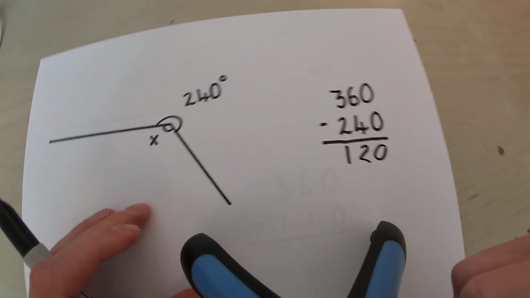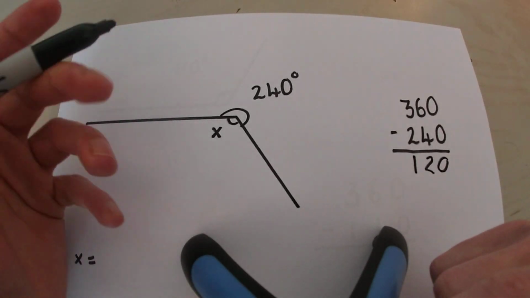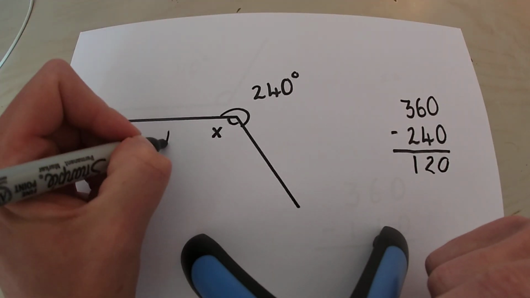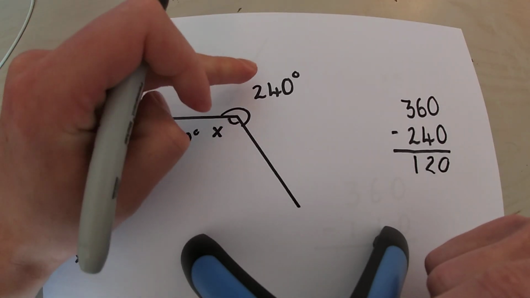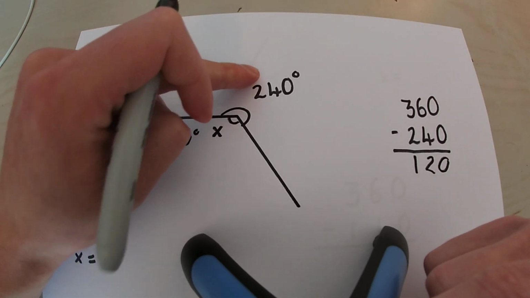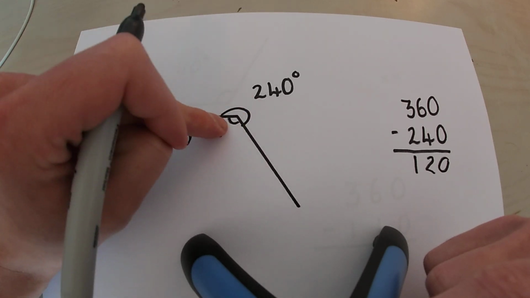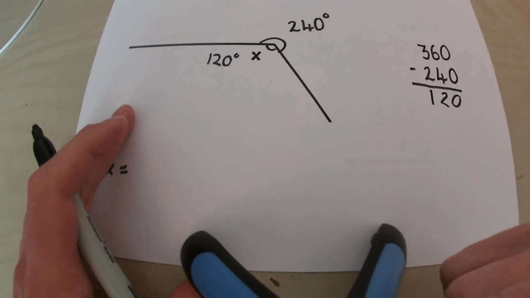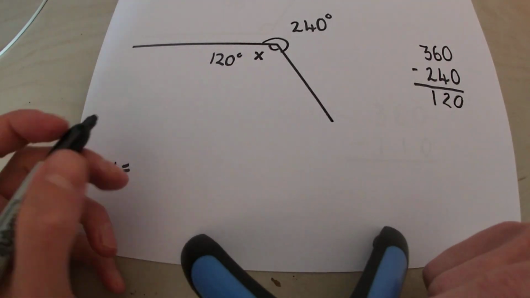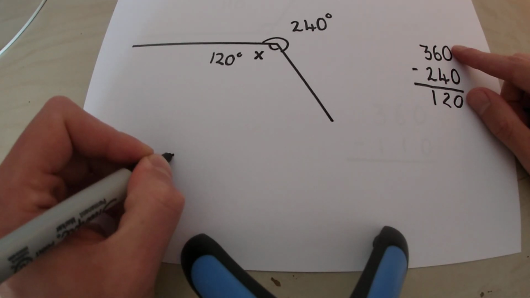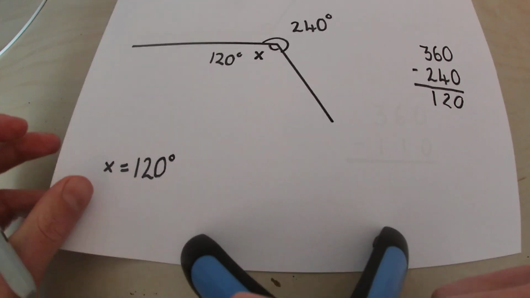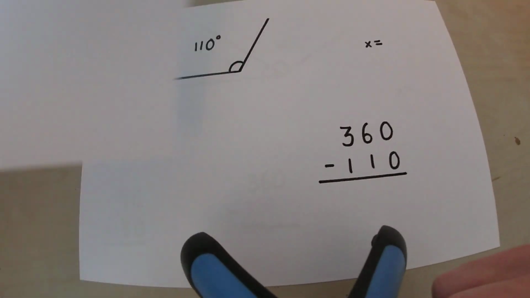We know that this angle is 120 degrees, because 120 and 240 equals 360, the amount of degrees around a point. So our X, our unknown, is 120 degrees. Let's go through another example then.